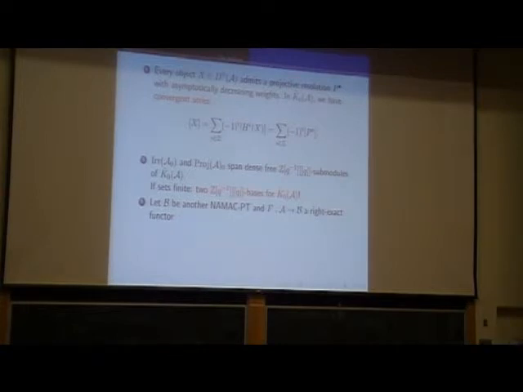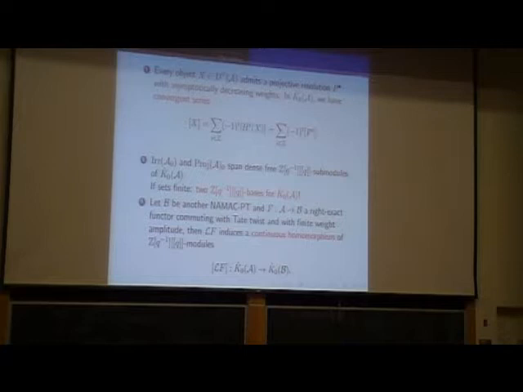And then if you have another of these NAMAPTs, and you have a right exact functor going from the original one into this one with some properties again, then it really induces a map on this completed Grothendieck group. So that means it works in the way you would like to have it.